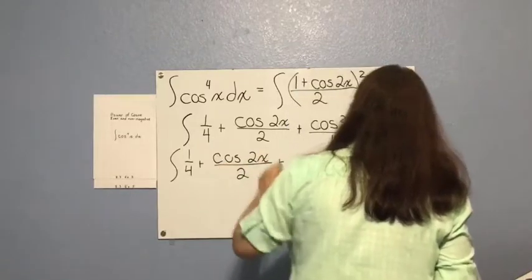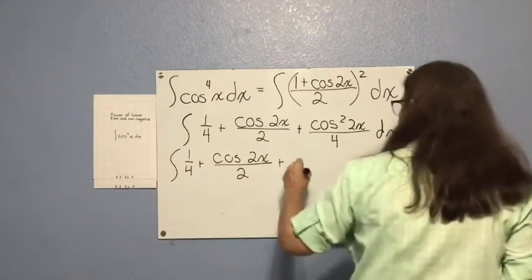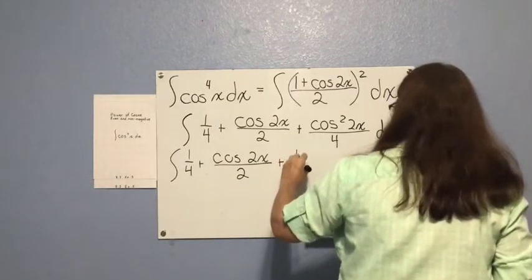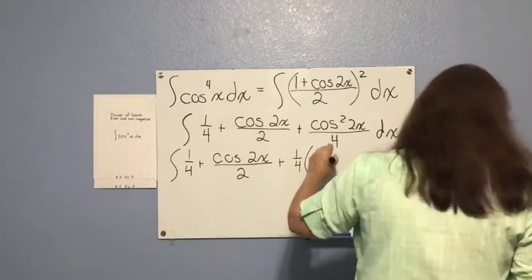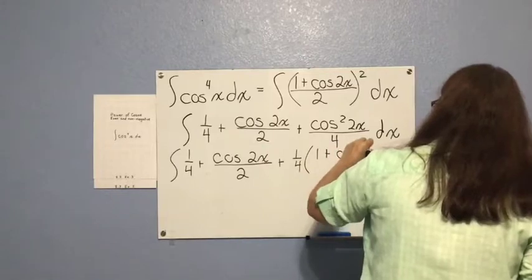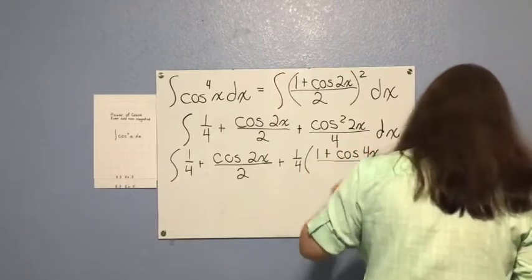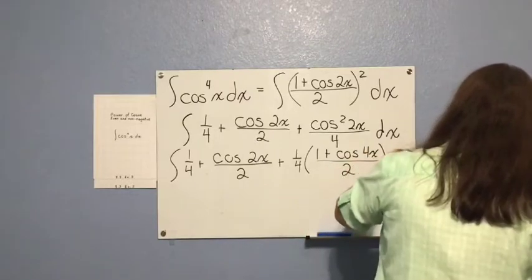So the first two terms remain the same. And the third term becomes 1/4 times 1 plus cosine 4x over 2 dx.